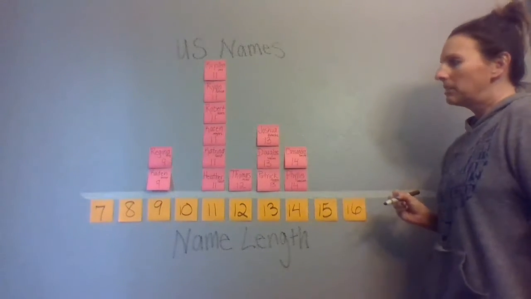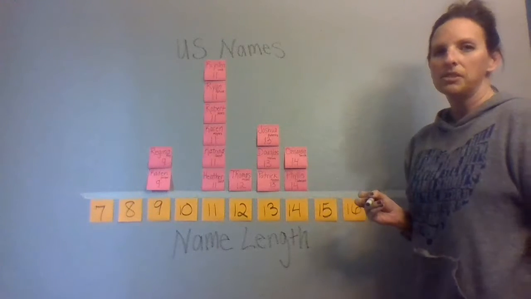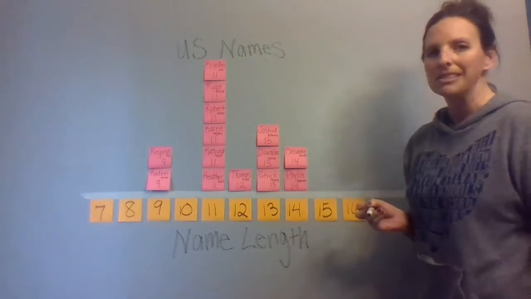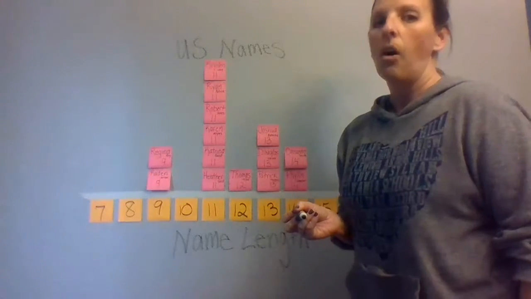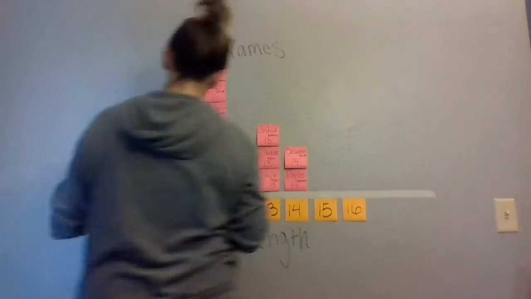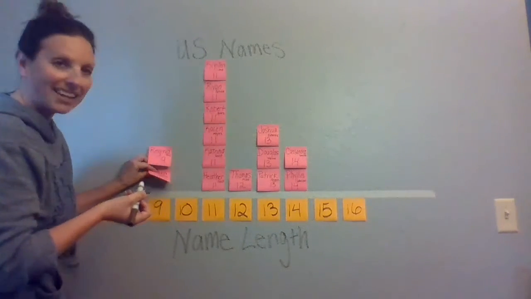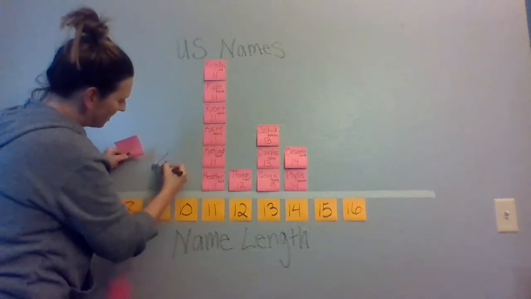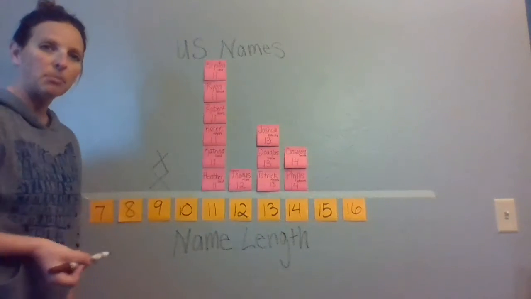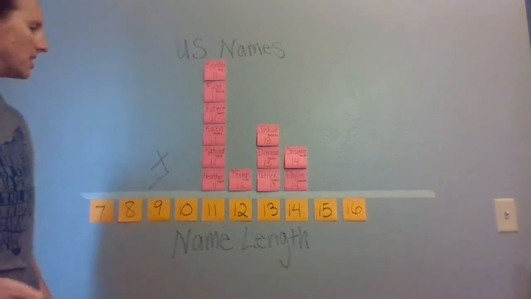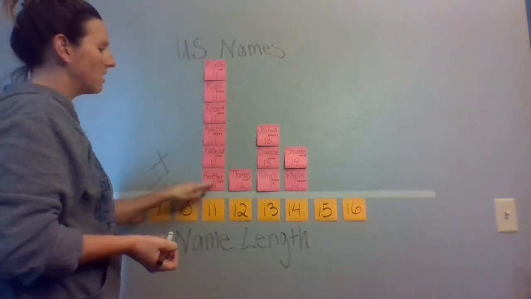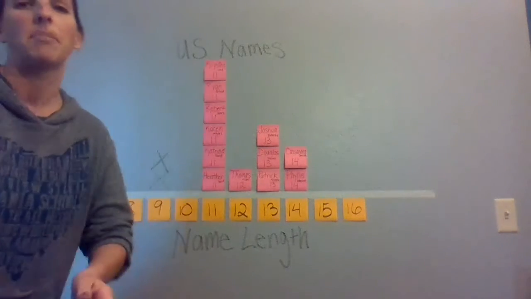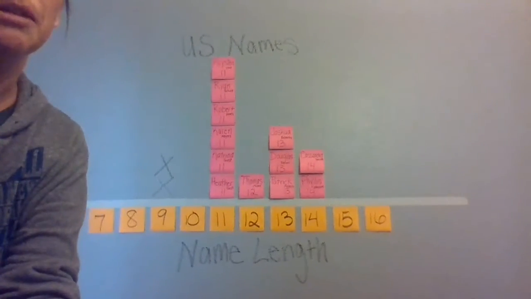Now, in order to turn this bar graph into a line plot, I need to change these sticky notes into an X or a dot. So I'm going to start here with the 9s, and I'm simply going to remove the sticky notes and replace them with X's. And I'm going to do the same thing with every sticky note that I have on my bar graph here.